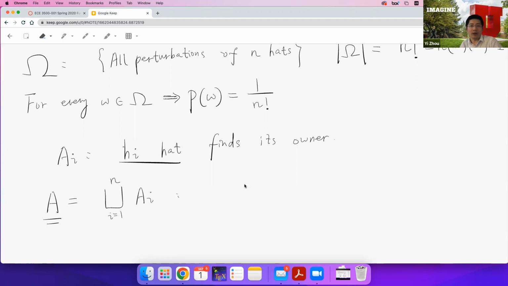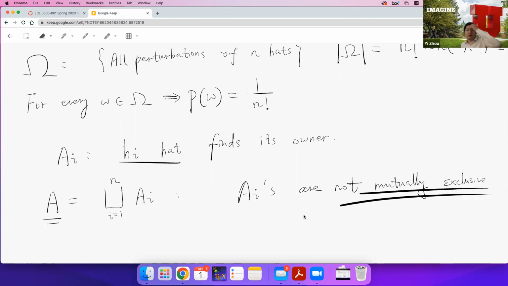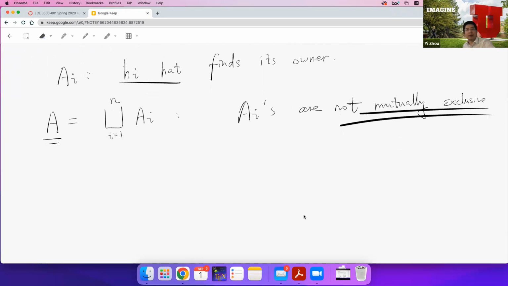So these A_i are not mutually exclusive. Therefore, to calculate P(A), you cannot apply the third axiom of probability. It is not the summation of all the probabilities of the A_i.